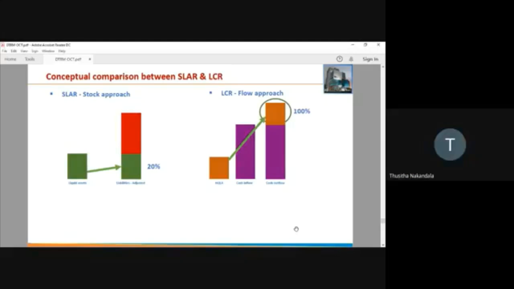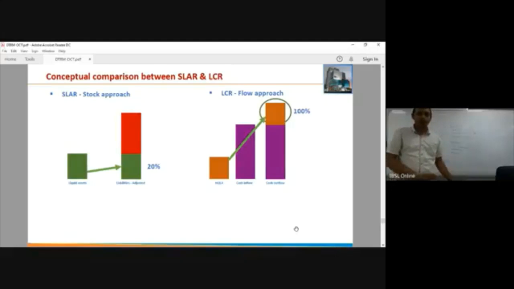It's not as easy as I explained, it's a very complicated computation. For LCs, derivatives, everything, there is a haircut, and the mechanism is given in the regulation.